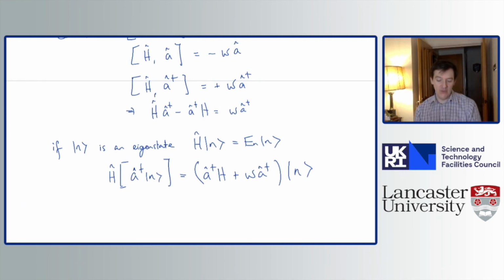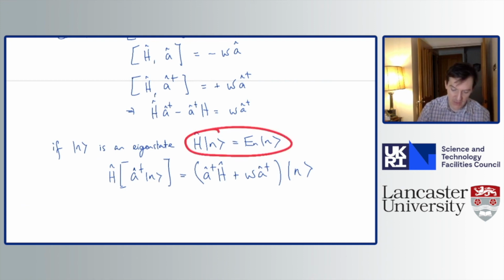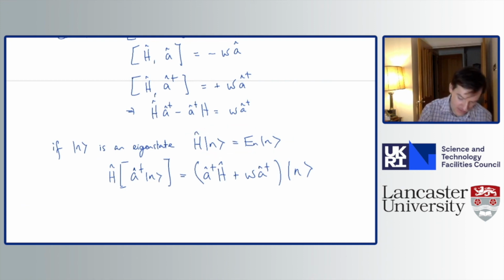So why do we want to do this? So now we've swapped the order of the A dagger and the H, so now I can act with H on n. I know what that gives. By definition, it's giving me back En. So I get En, that's a number. I get plus omega, which is a number, and I can pull out the operator A dagger on the left.